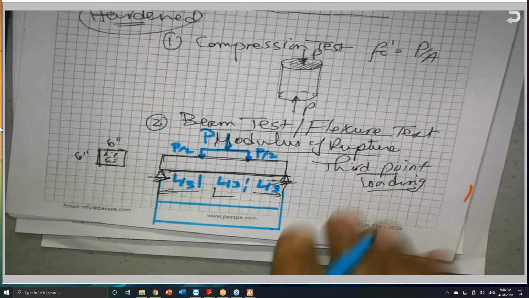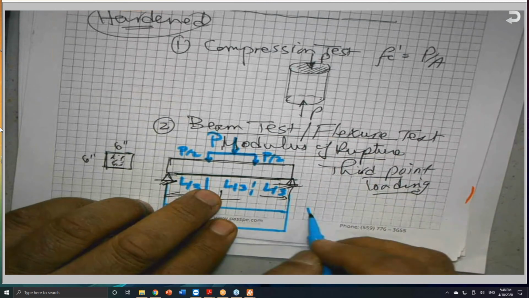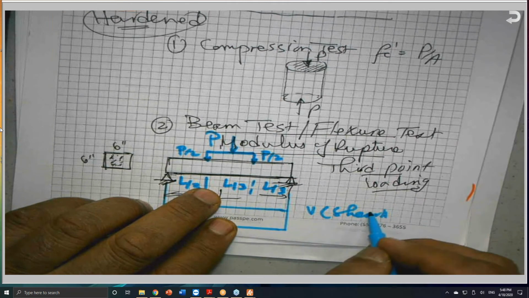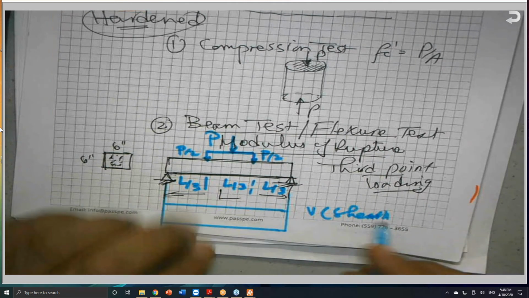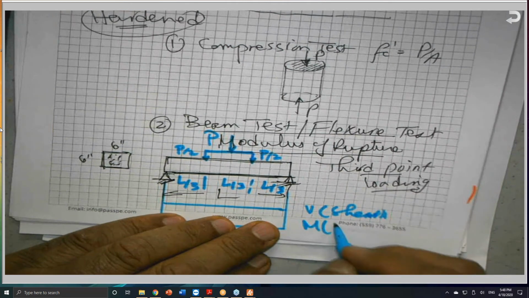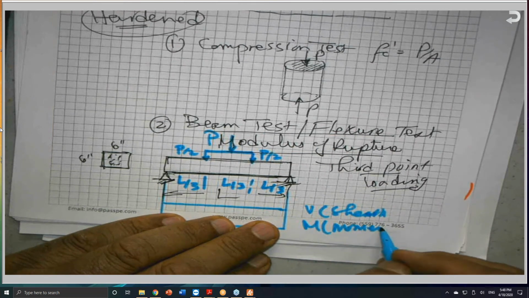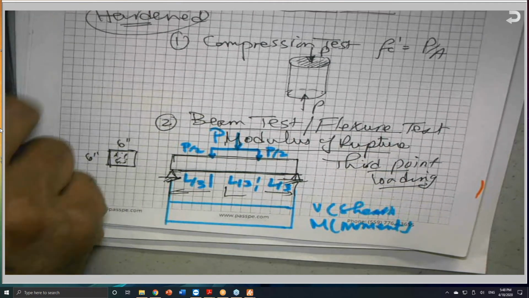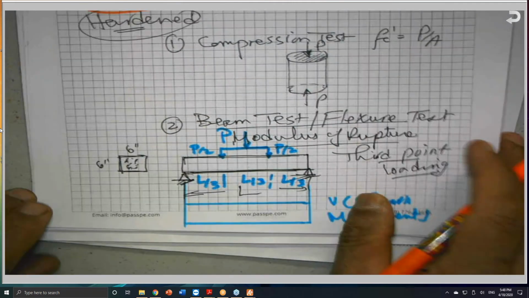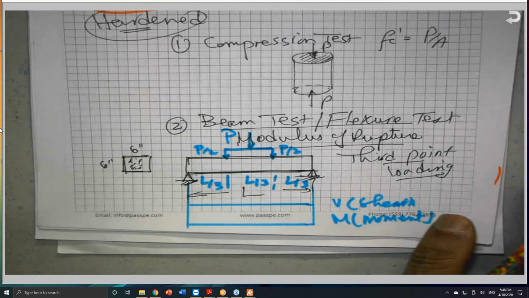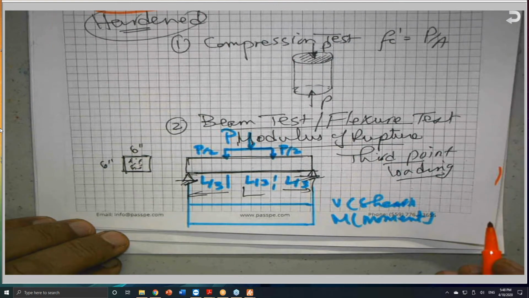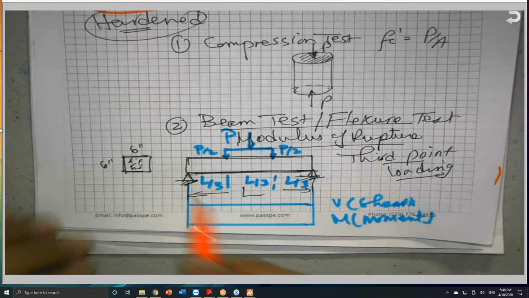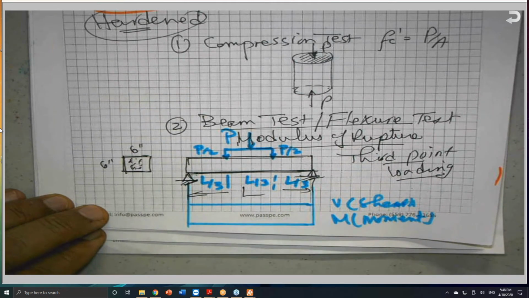So if we have V, which is the shear force, and M is the moment, half of the load will be here and half the load will be here.